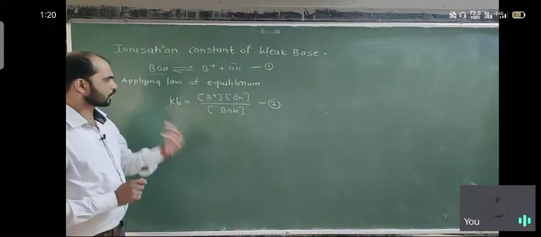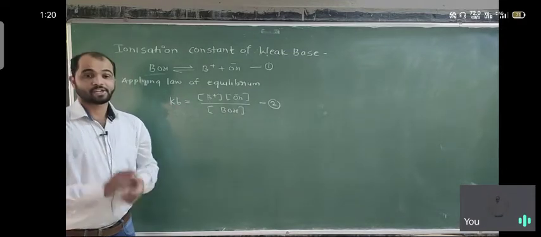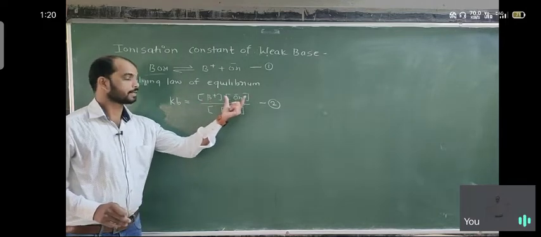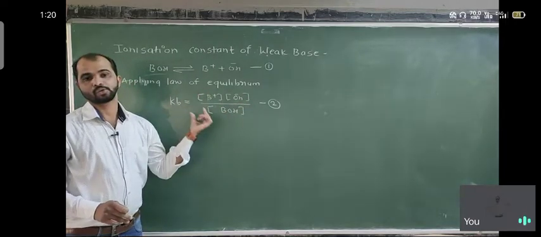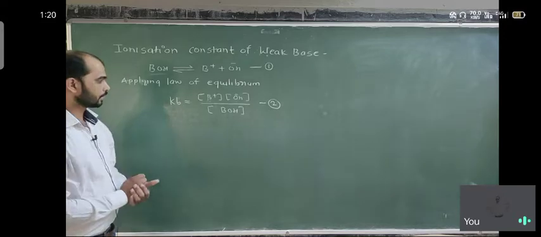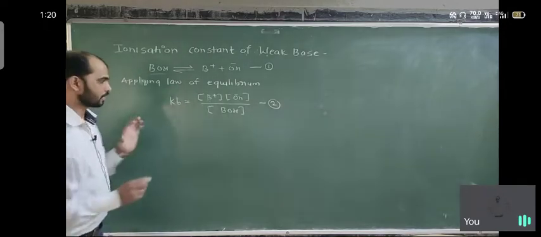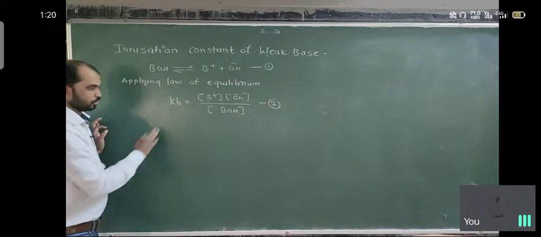The Kb is also related to the degree of ionization of cation and anion as well as the molar concentration of the weak base, BOH. This way we can find out the Kb.